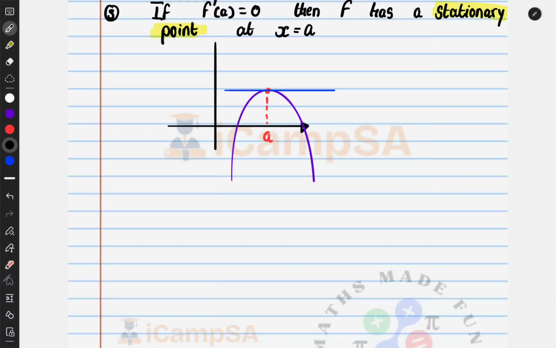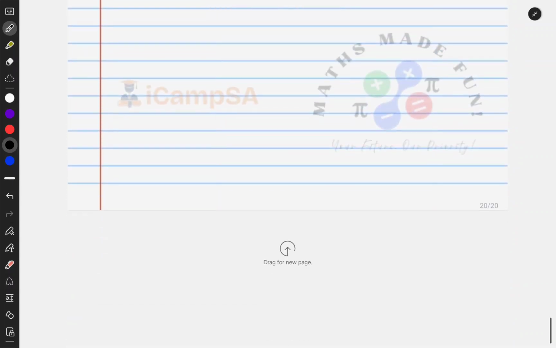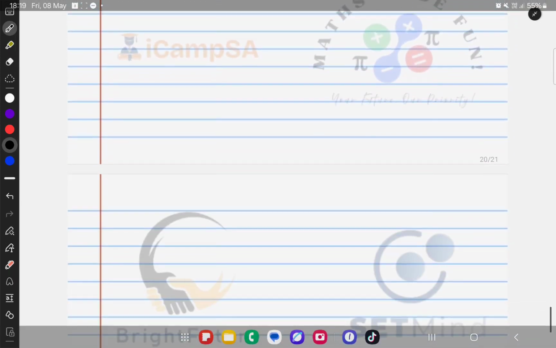And so we say f prime at a is equal to 0, then the function has a stationary point at x is equal to a. Okay, and then we also have another scenario.